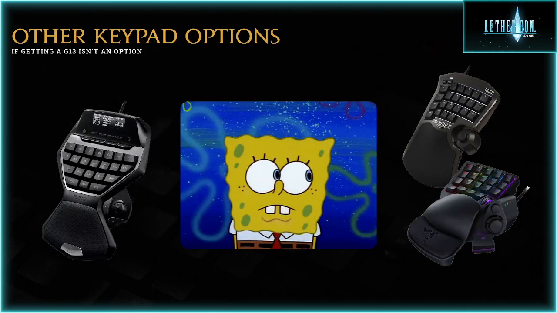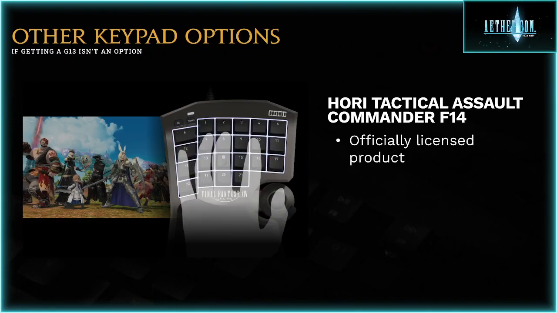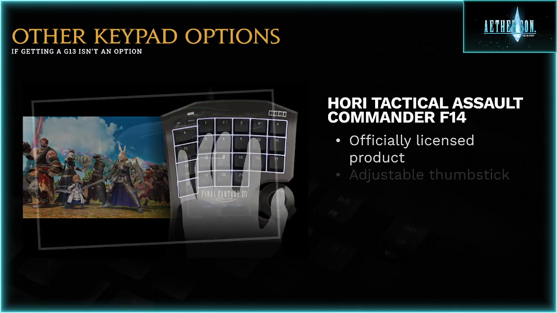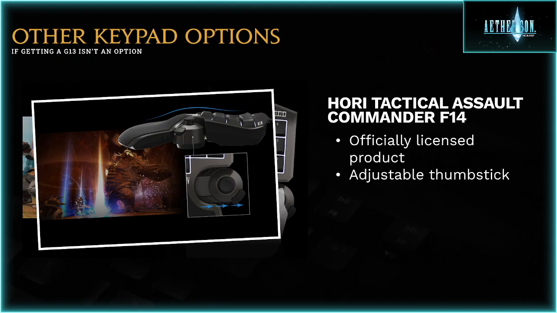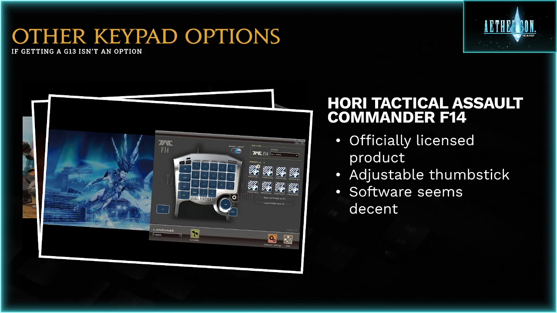So what if you can't find one, or you want something different? Well, there are some other options. Number one, you could get this Tactical Assault Commander F14, an officially licensed product with an adjustable thumbstick, and the software seems decent.